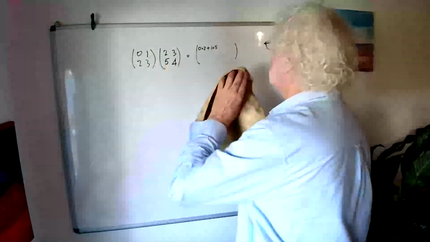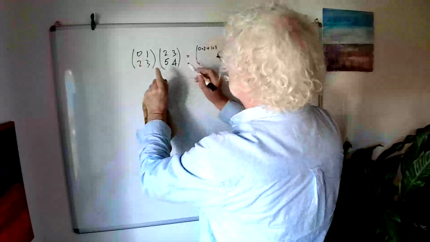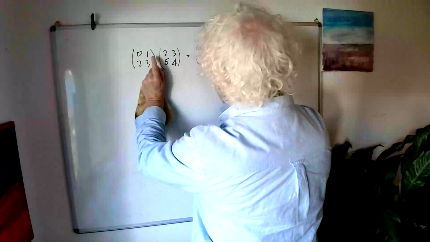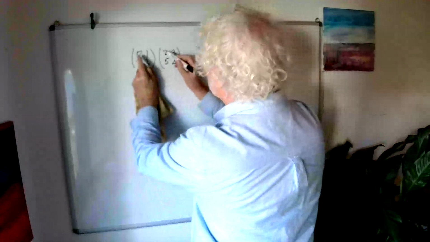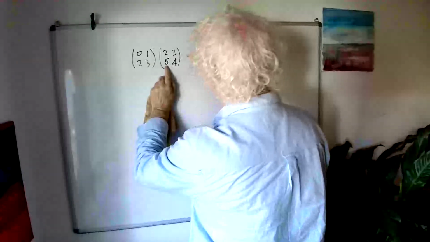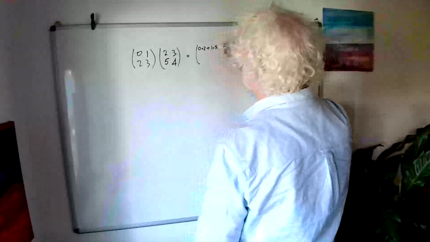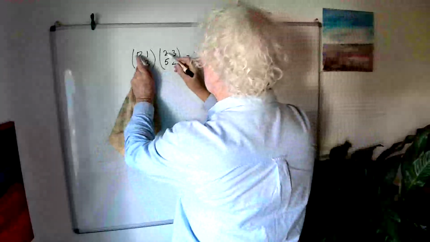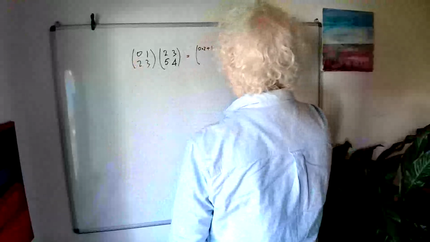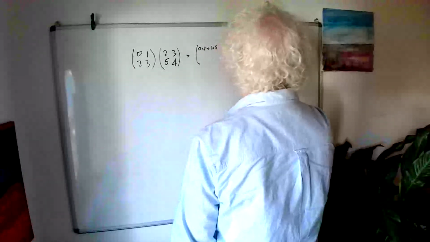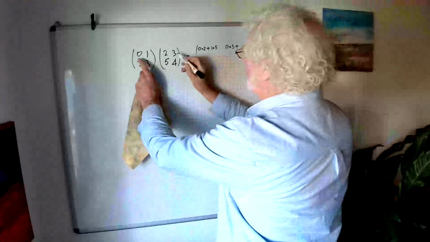We've not got enough room there. And the next one is, so when you do this, look, the top left of the multiplied one is where these two, so this is the first column and this is the first row. This is the first column and the first row. Right. So the next one, 0 times 3 plus 1 times 4.